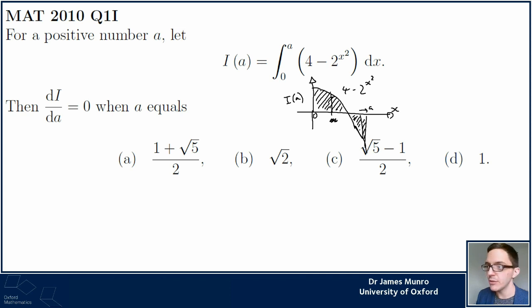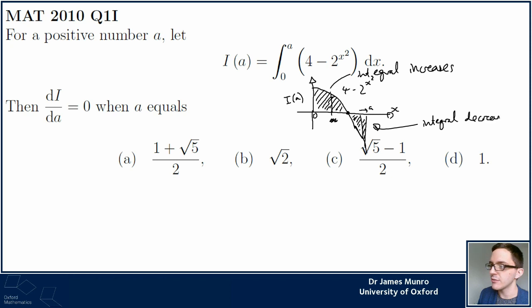Okay, so summary, we're integrating this function, and as we increase a, to start off with, the integral gets larger and larger, where we've got positive bits of function. But then later, once the function goes negative, we're now adding on negative contributions. So the integral is going down again. So over here, the integral increases, whereas over here, the integral decreases.